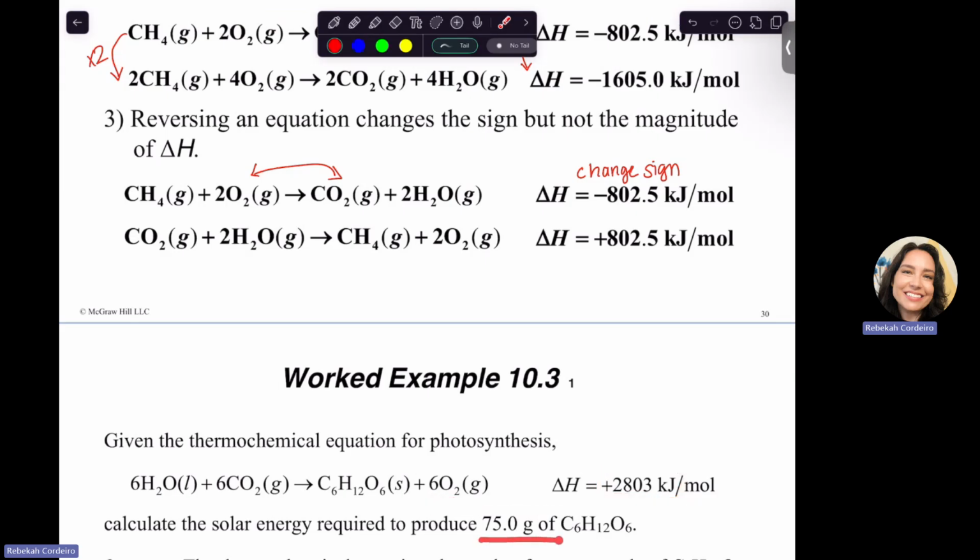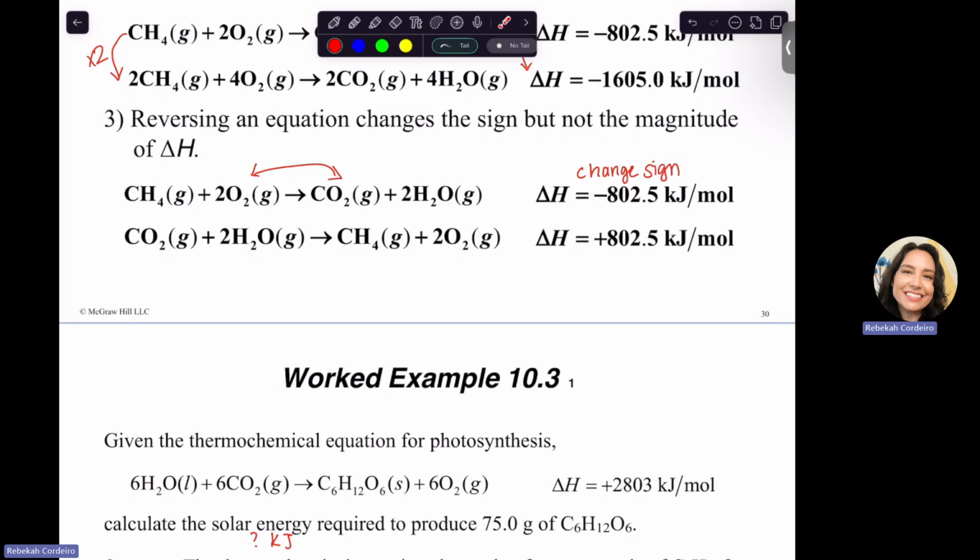So if we start with 75 grams of C6H12O6, calculate the number of kilojoules that you need to do this reaction. See if you can do it first, try it, and then come back.